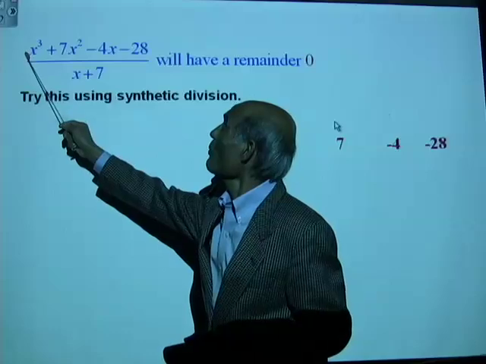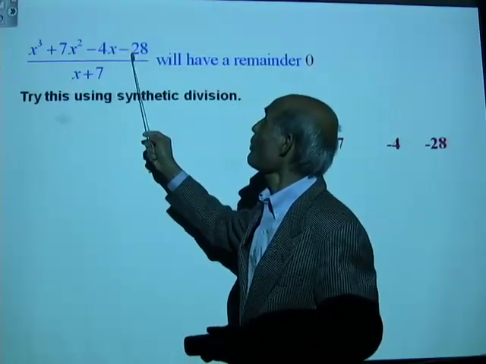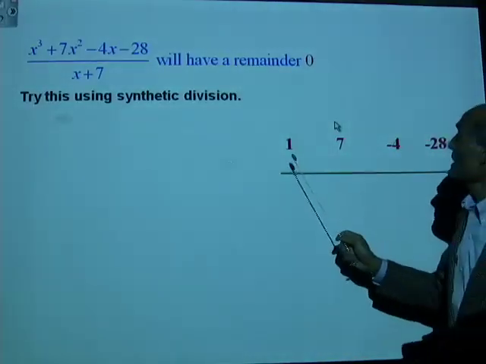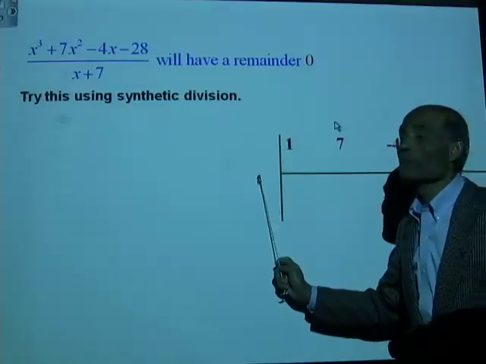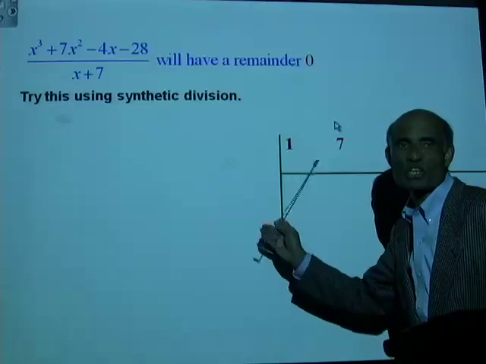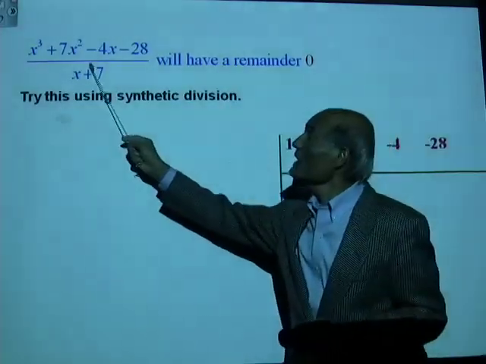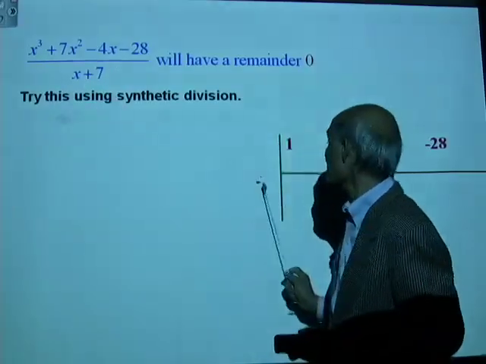So that'll be 1, 7, negative 4, negative 28 along a line. And then we have a horizontal line and a vertical line. And what is the number that we are going to write to the left of the vertical line and below 0? It will be the opposite of this constant number, that will be negative 7.